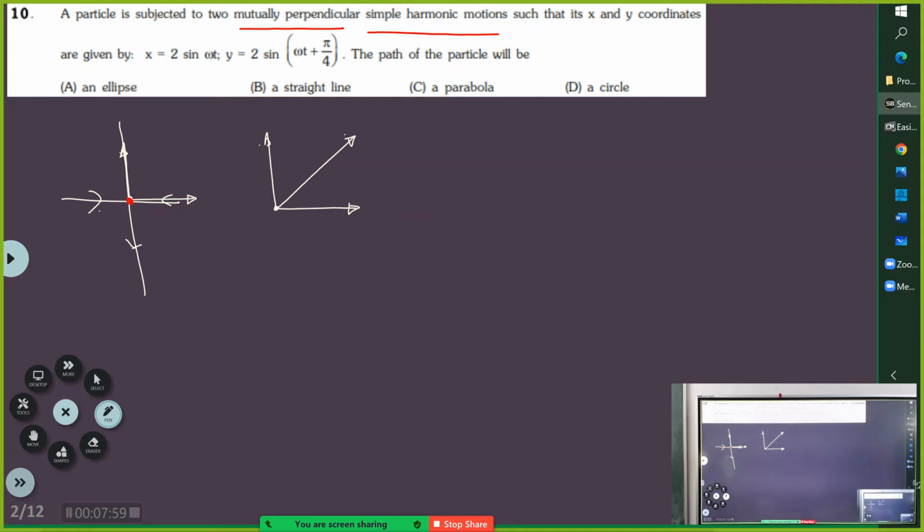Yes. So now its x component, such that the x and y coordinates.